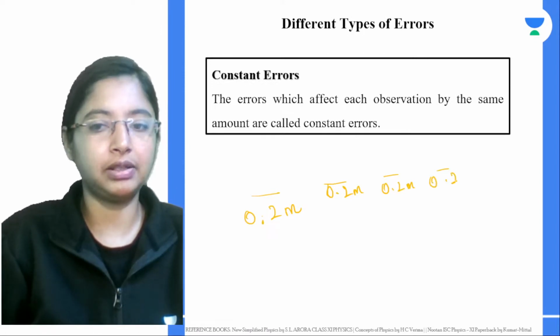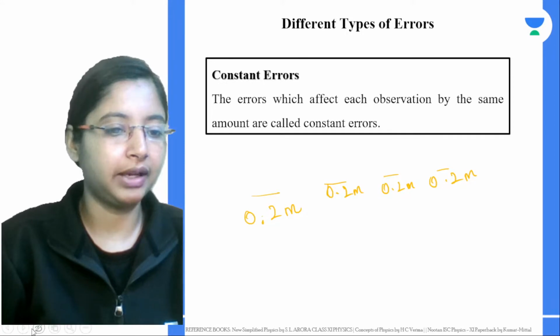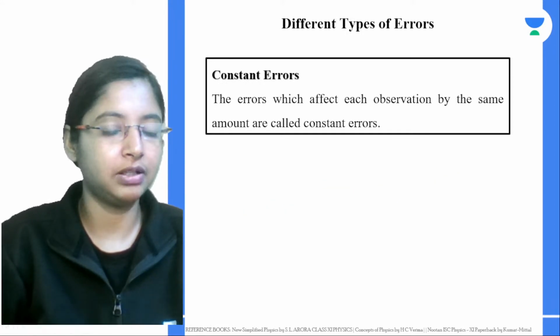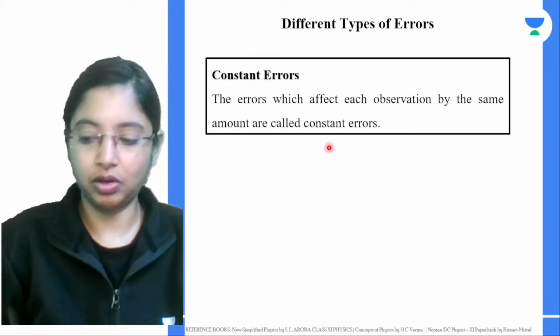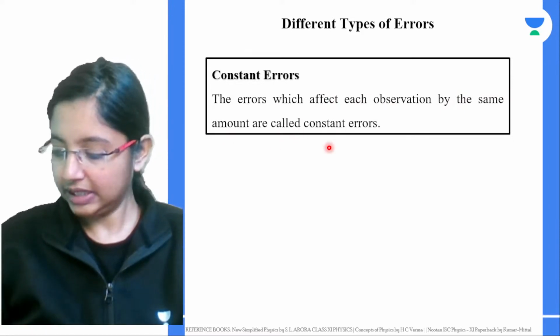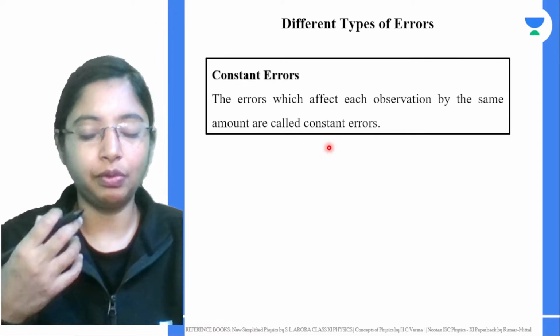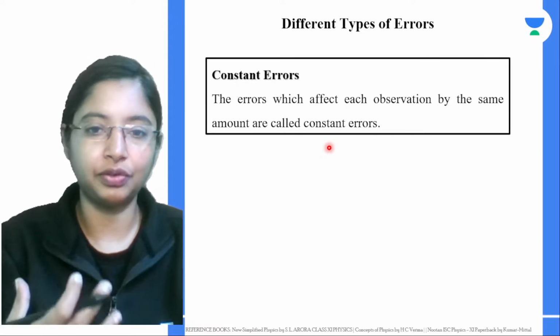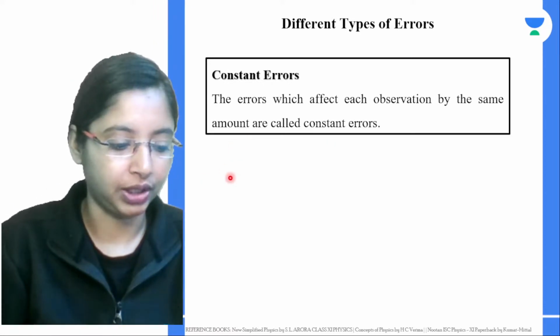This error is constant for every reading you take, right? This particular error which affects each observation by the same amount is called a constant error. Now, these errors could be because of faulty calibration of the scale, or because of the instrument not being maintained really well.